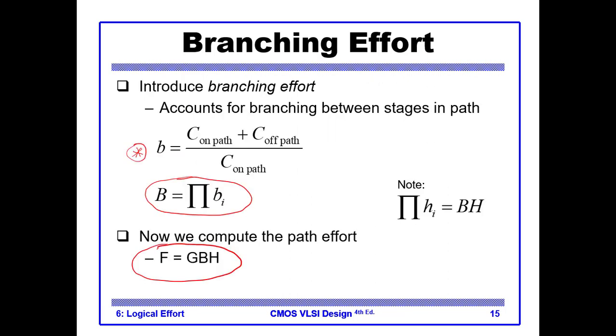So let's apply this definition to that example. This is 15, then we have another inverter which is 15, then we have another inverter which is 15, and we have capacitance of 90, capacitance of 90.